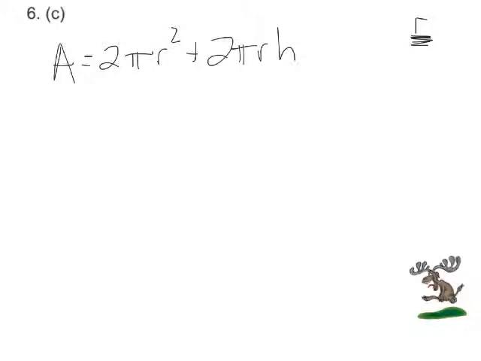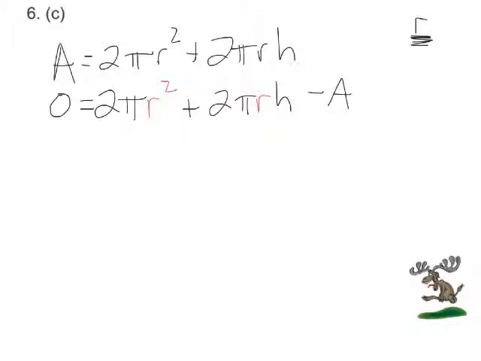We could factor an r out, but then we have r in both terms. So what I'm going to do is a little bit of manipulation here, and maybe it'll become more clear to you. The first thing I'll do is subtract A to the right-hand side: 2 pi r squared plus 2 pi r h minus A.